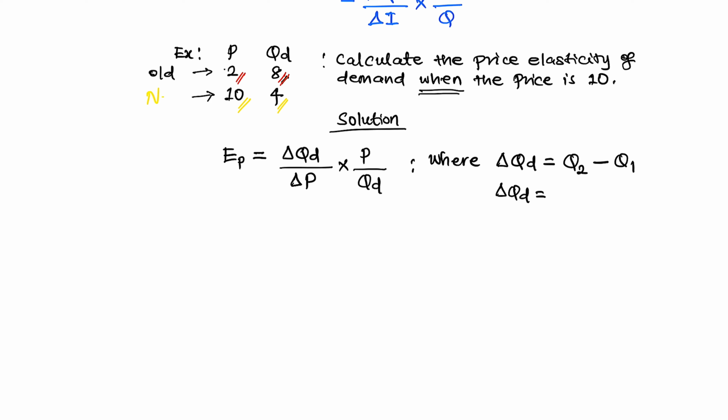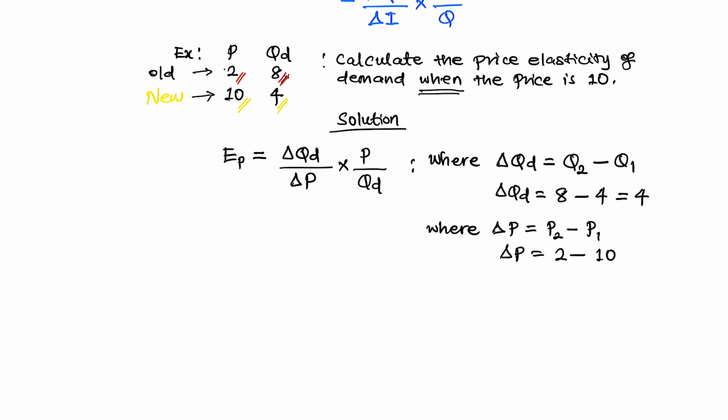So change in quantity demand equals the old Q, which is 8, minus the new Q, which is 4. That's equal 4. Similarly, change in price equals the old price, which is 2, minus the new price, which is 10.